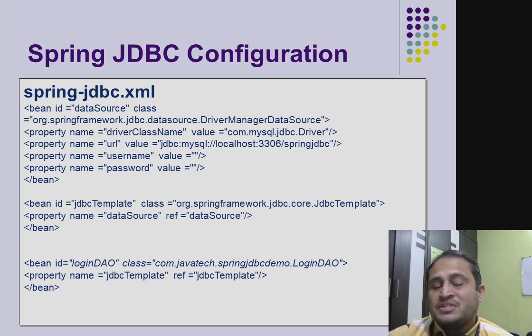Once that is referred to a data source, you just refer to that data source as a property of the JDBC template. This JDBC template is provided by the org Spring framework.